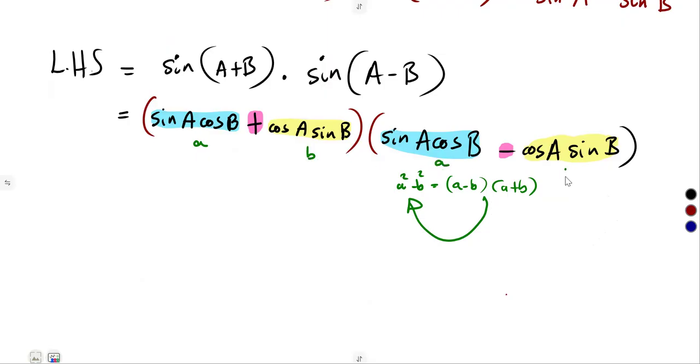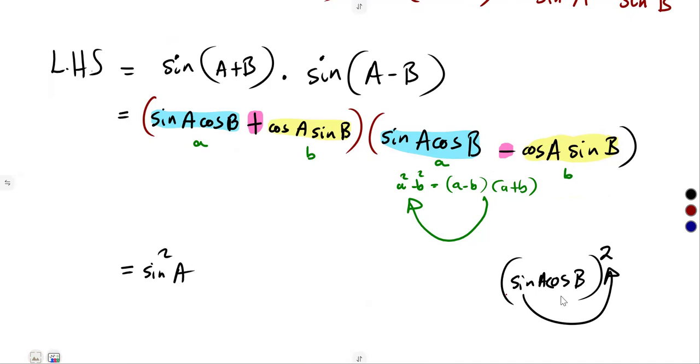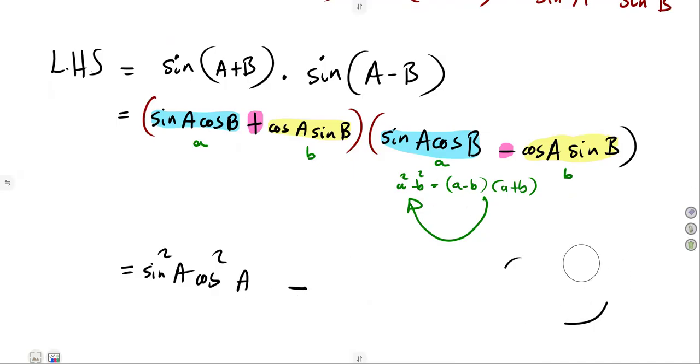So when we say a squared, I mean the whole sine of A cos of B being squared. So it's going to be sine squared, cos squared, minus b squared. When I say b, I mean the whole part representing cos A, sine B.